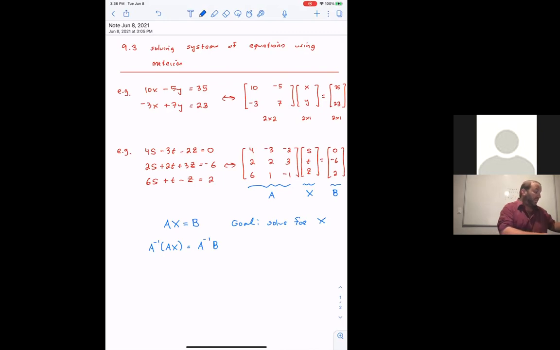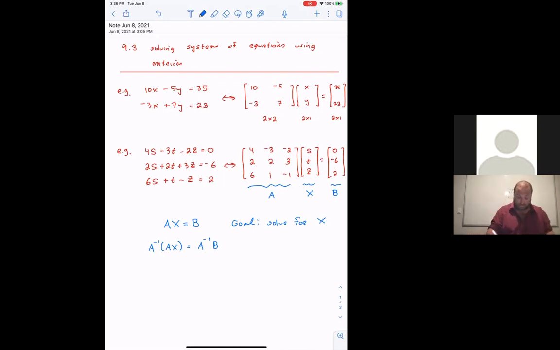What exactly is the inverse of A? Well, as we mentioned, I think in the last section, I'm just confirming that we did not talk about inverses yet. So let's do so now. What is the inverse of a matrix?